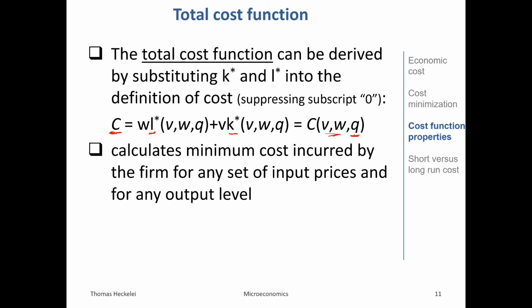With this cost function, we can calculate the minimum cost incurred by the firm for any set of input prices and for any output level. And because it's for any output level, you could adjust the output level. That's why here the subscript 0 is gone. So for now, you could see the minimum cost for different levels of output.